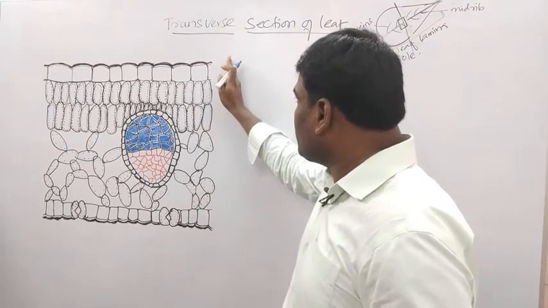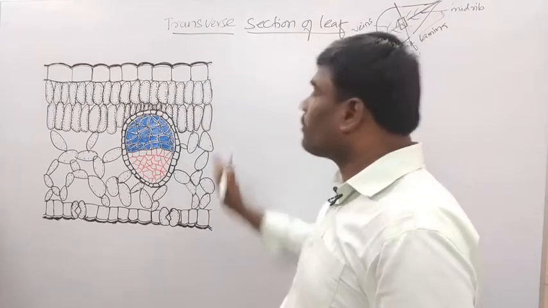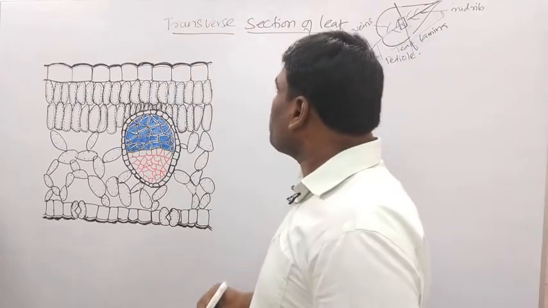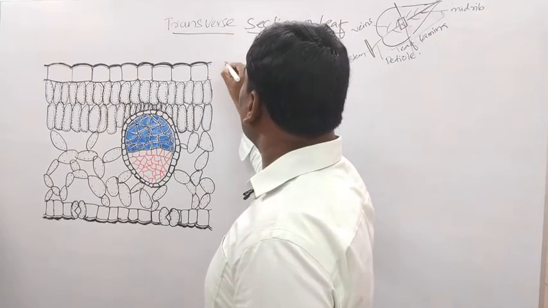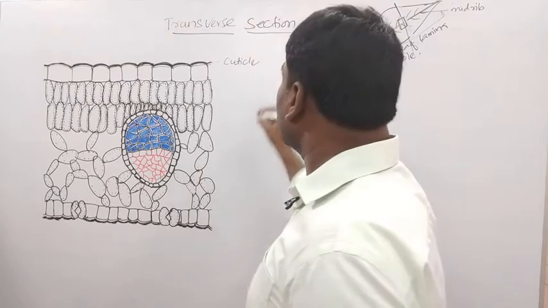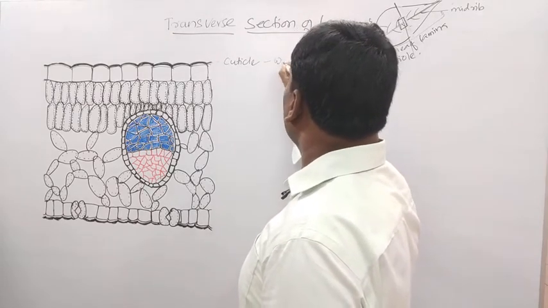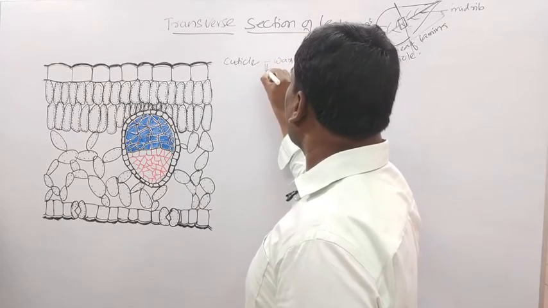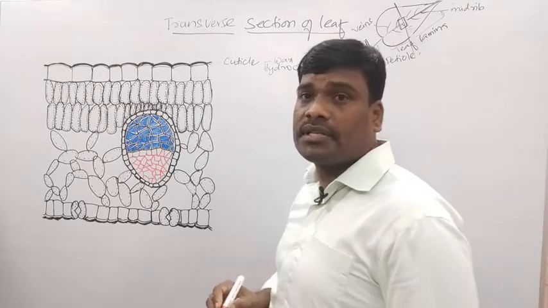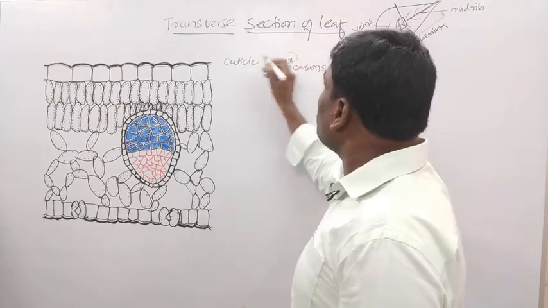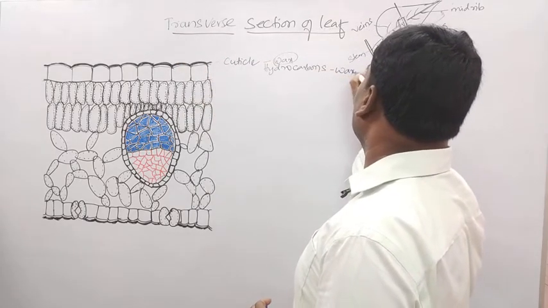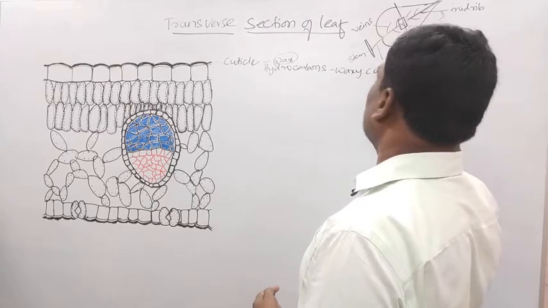So let us see the transverse section of leaf or cross section of what, children? Leaf. See, the topmost layer of the leaf is called the cuticle. This cuticle is made up of wax and hydrocarbons. Because of the presence of wax on this cuticle, it is called the waxy cuticle, children.